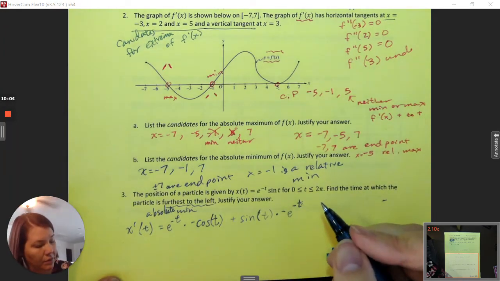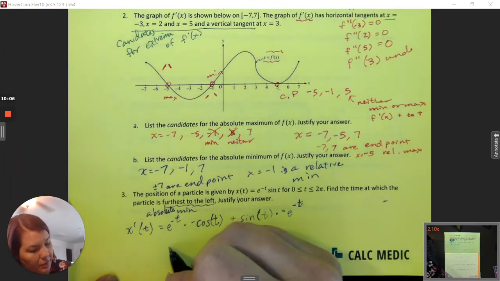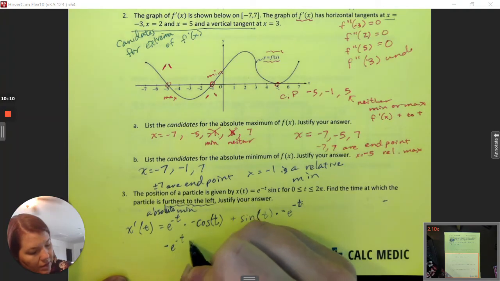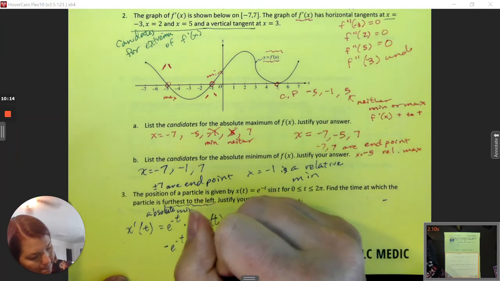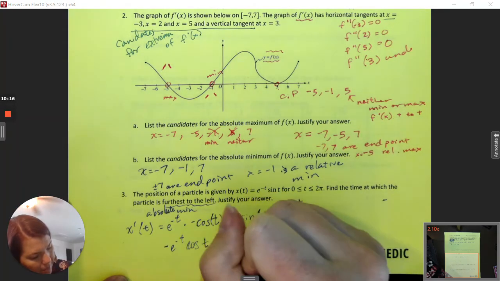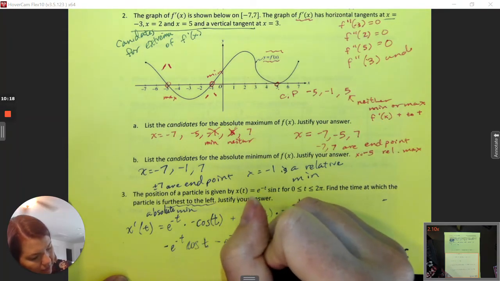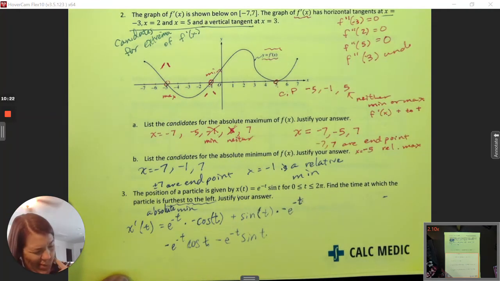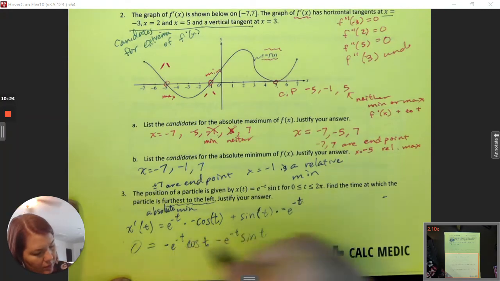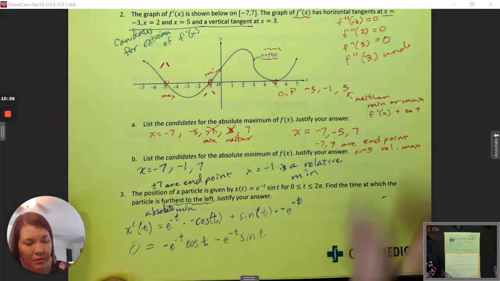When is it equal to 0? Well, let's clean it up a little bit. Negative e to the negative t cosine t minus e to the negative t sine of t equals 0 when these are equal to each other.